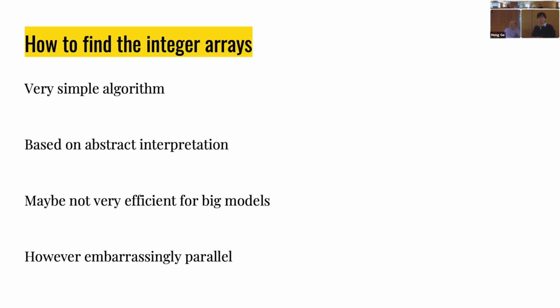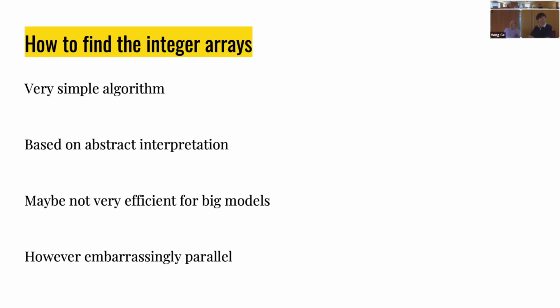So the algorithm I have for finding the conditional structure isn't terribly efficient, but it's embarrassingly parallel. So for big models, you'd be running on multiple cores. So I'm not that upset that the algorithm doesn't run lightning fast, because I can distribute it over 10 or 20 cores, and then it will be pretty fast.